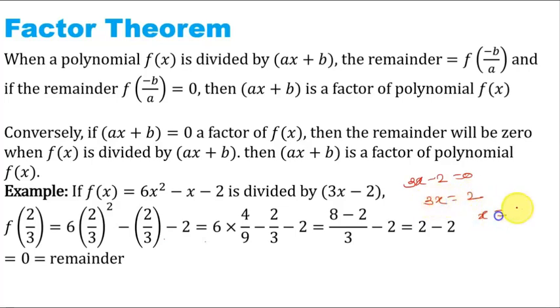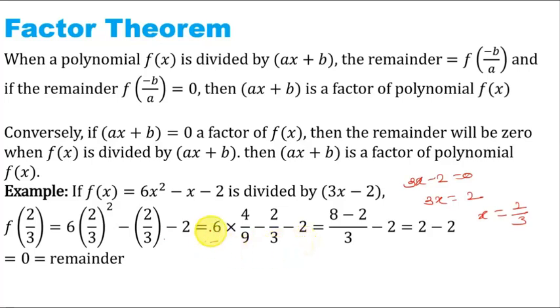It implies that x = 2/3. And hence f(2/3) = 6 into (2/3)² minus in bracket 2/3, minus 2. 6 into (2/3)² means 4/9, minus 2/3 and minus 2.